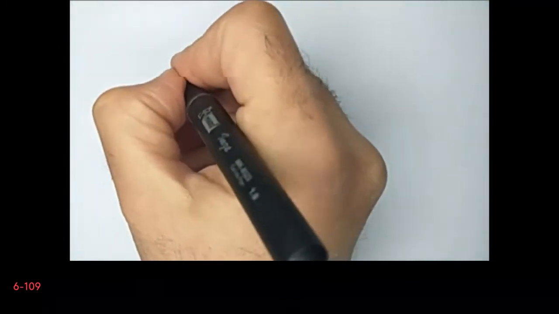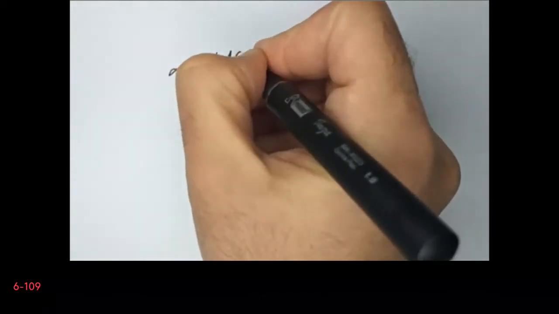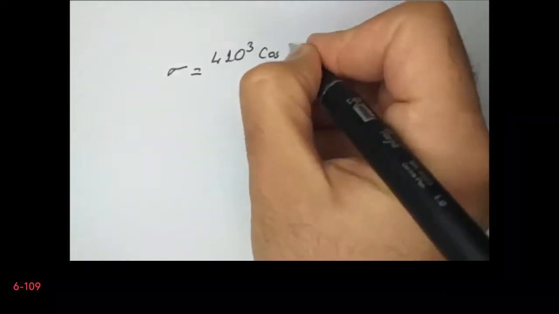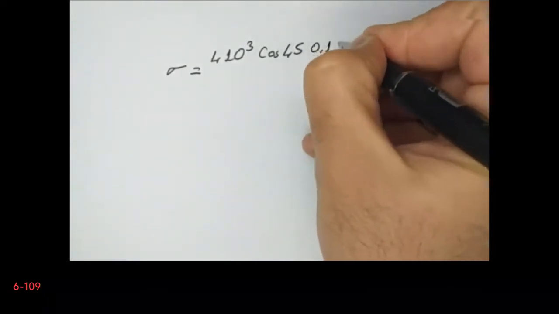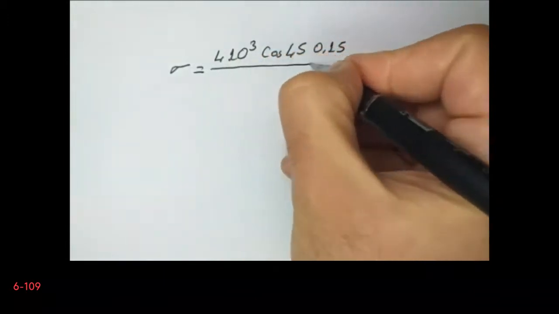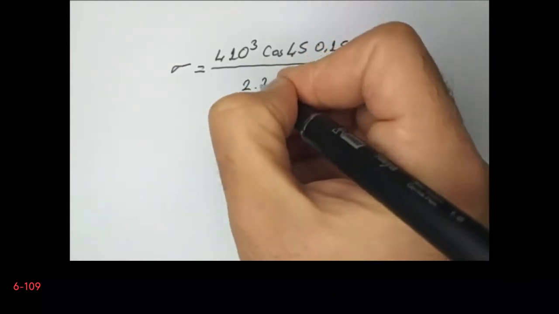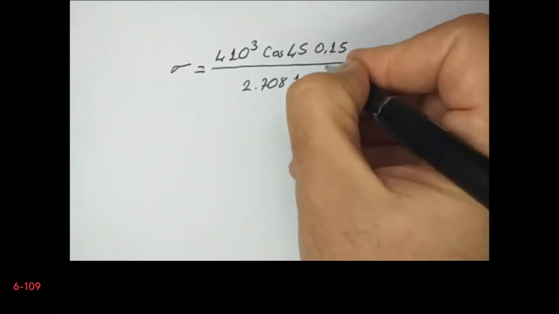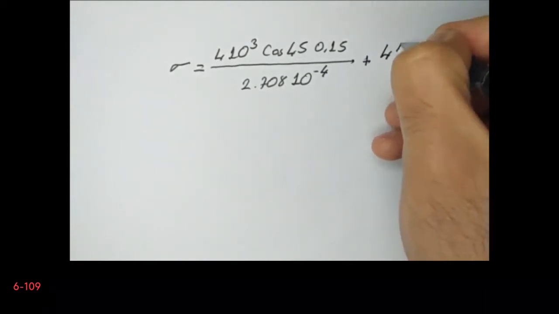So let's say that sigma is equal to 4 10 to the power 3 multiplied by cosine 45 multiplied by 0.15, that is h, divided by 2.708 10 to the power minus 4, plus 4 10 to the power 3 multiplied by sine 45 multiplied by b divided by 2.